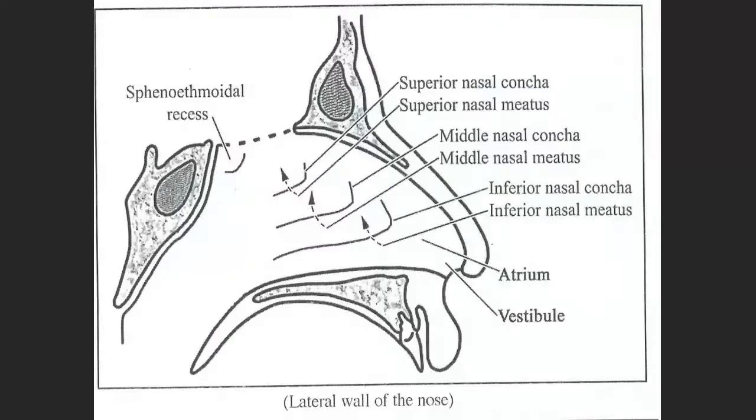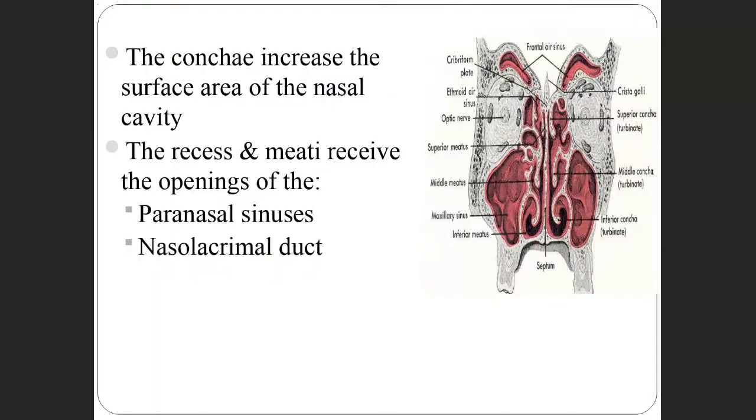Next, see here. In this diagram, you can easily remember: concha, meatus, concha, meatus, concha, meatus. Why are these conchae required? They are required when we take in air.